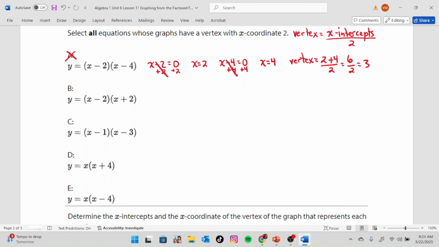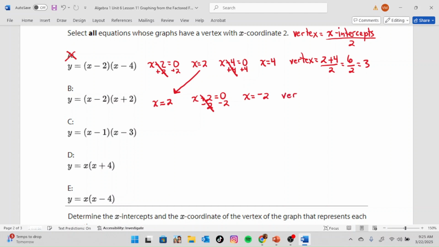Now that we look at B, we can notice we already solved the x-intercept for the factor x minus 2. So I'm just going to bring this down, and that's one of my x-intercepts. For the other one, I'm going to set x plus 2 equal to 0. I'm going to subtract 2 from both sides, and I find out that x equals negative 2.